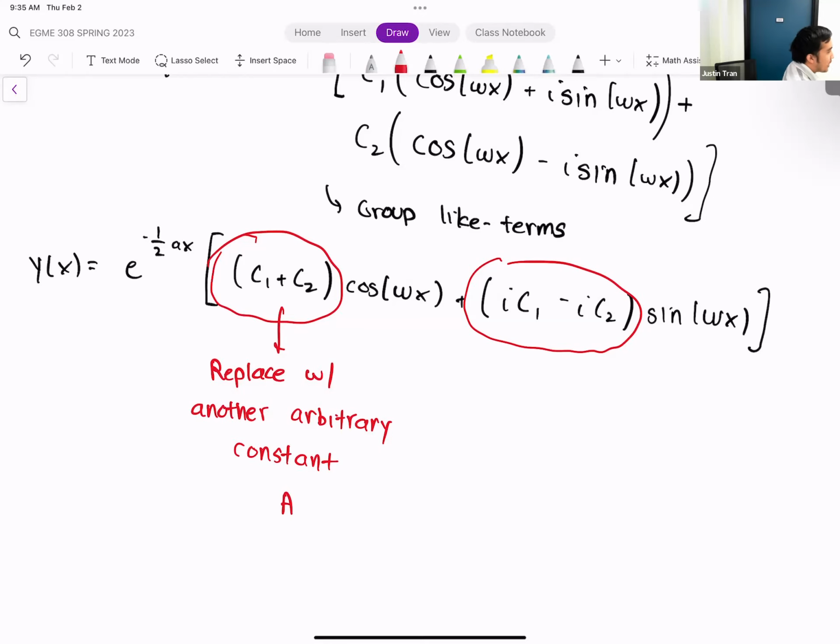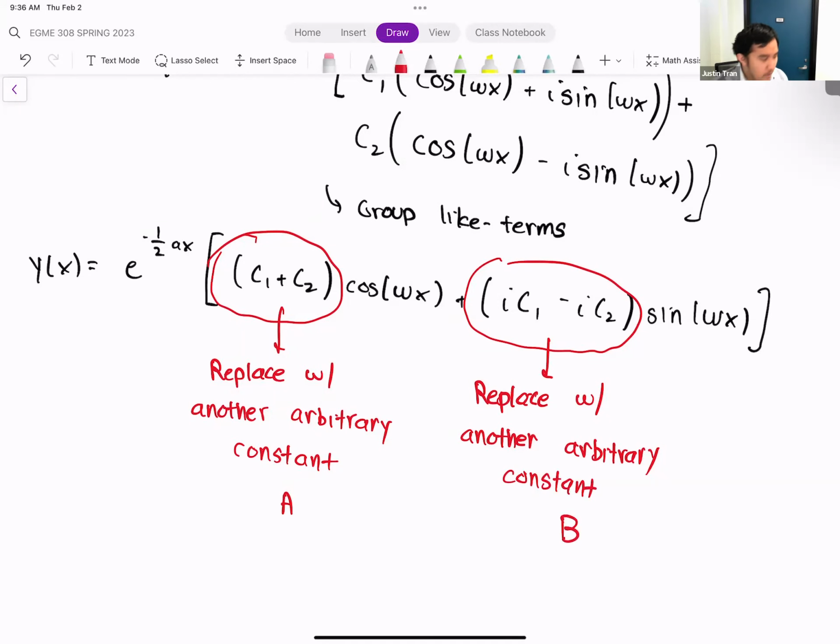We take advantage of the fact that c1, c2 are still arbitrary, and replace this with another arbitrary constant. I'll call that B.